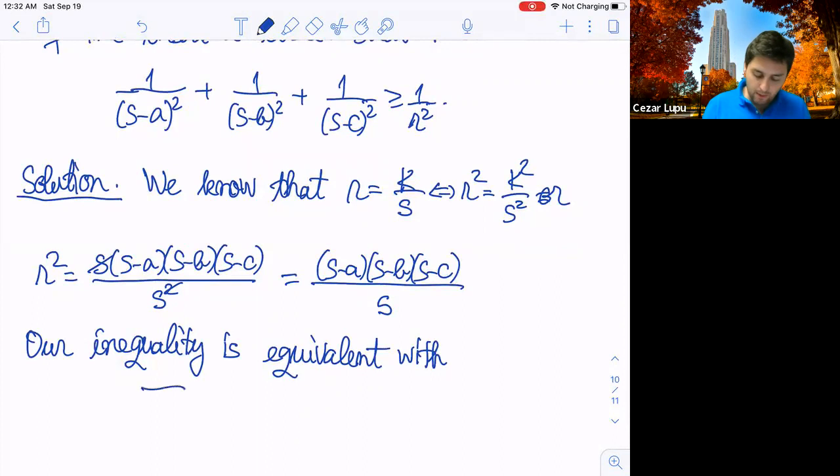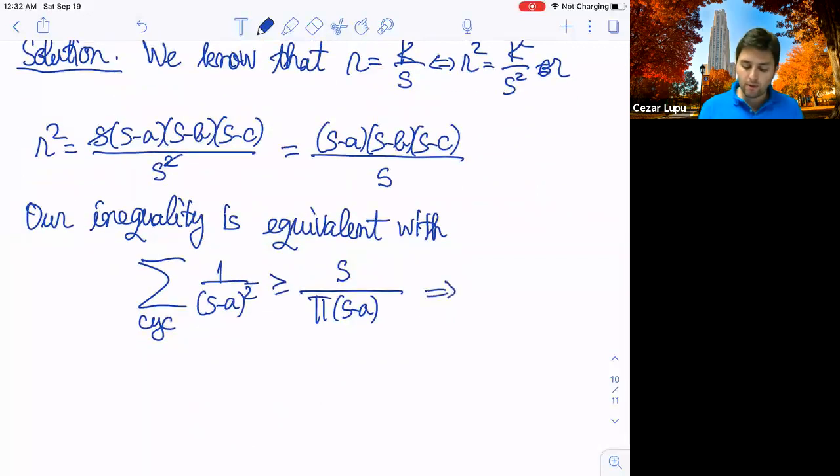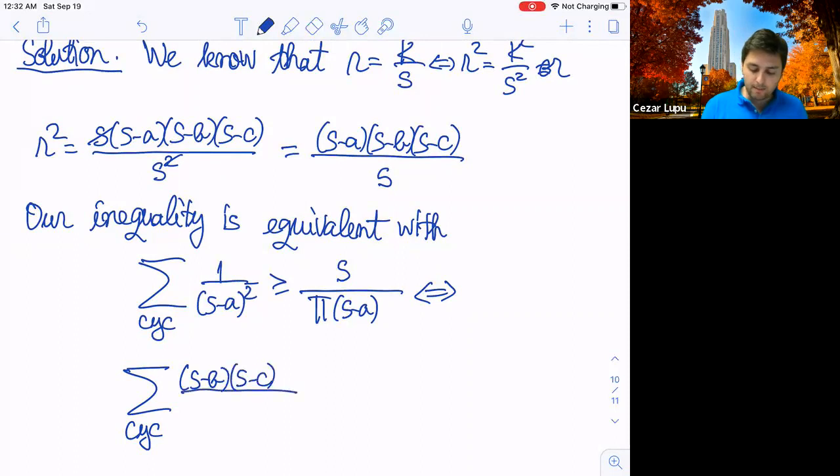The cyclic sum of 1 over (S minus A) squared is greater or equal than 1 over that, which is S over the product of (S minus A). And if we do some computations, this is the cyclic sum of (S minus B)(S minus C) over (S minus A), greater or equal than S.